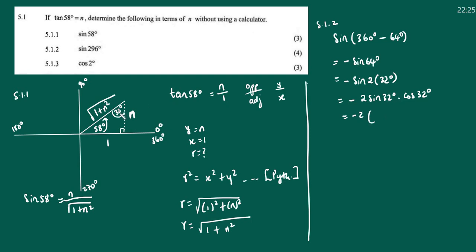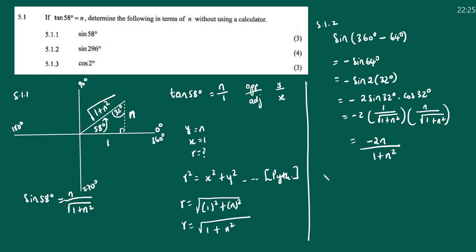Sine 32 is simply opposite over hypotenuse, which is 1 over the root of 1 plus n squared. And then cos 32 is going to be adjacent, which is n over the root of 1 plus n squared. So this will mean that you have negative 2n over 1 plus n squared. And you are done.